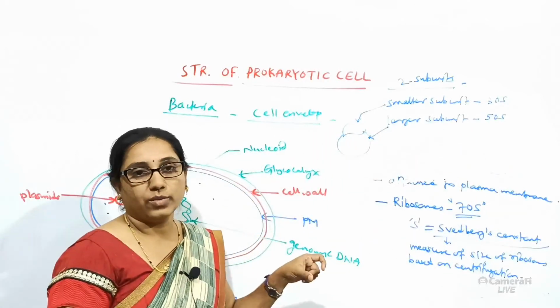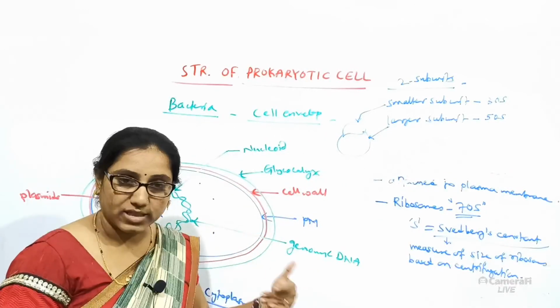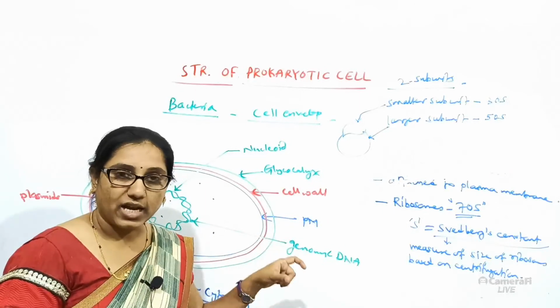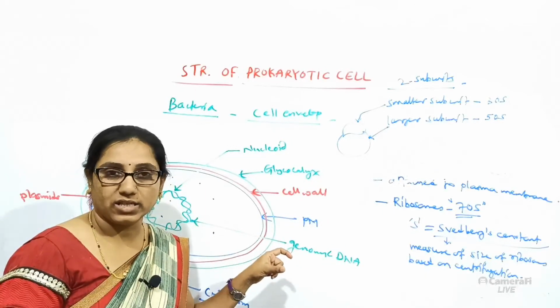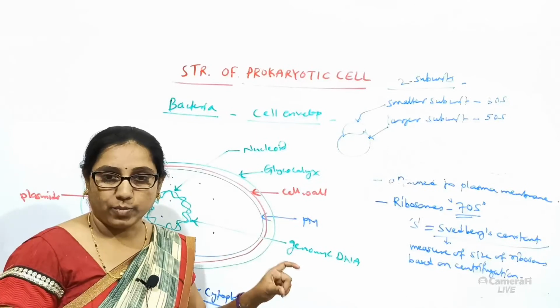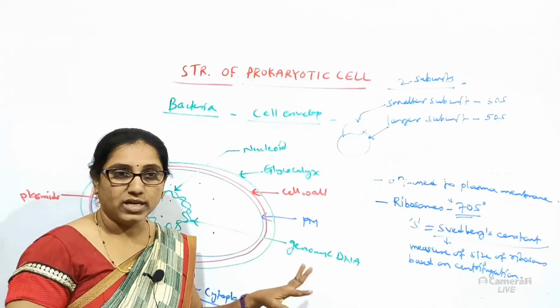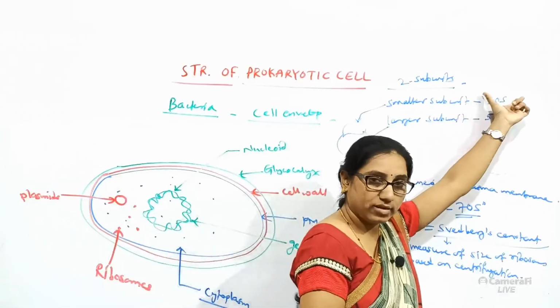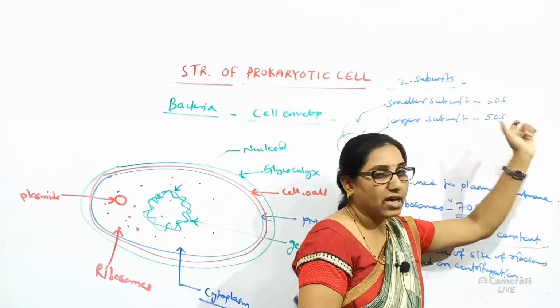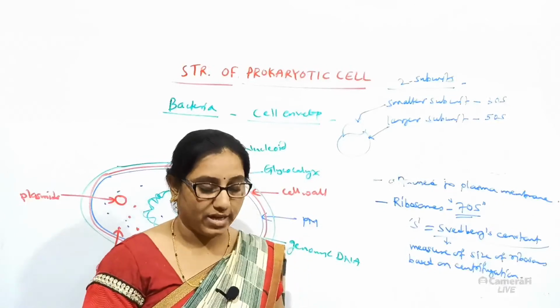So inside the bacterial cell, the ribosomes are 70S type ribosomes made up of two subunits, the smaller subunit of 30S and the larger subunit of 50S.